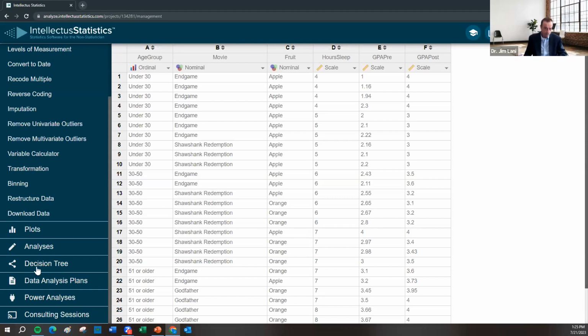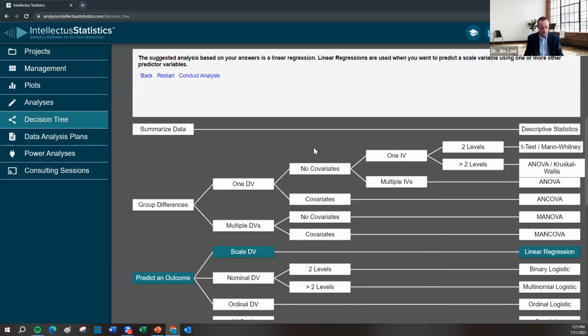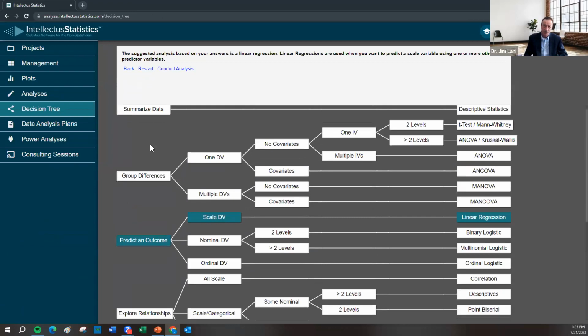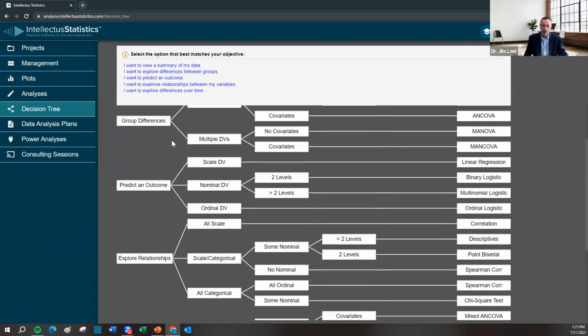Under the decision tree tab, there are different questions. Let me hit restart. Do I want to explore differences by groups, predict an outcome, explore relationships, or explore differences over time? By answering these questions, it's going to drive you to the correct analysis to the right.